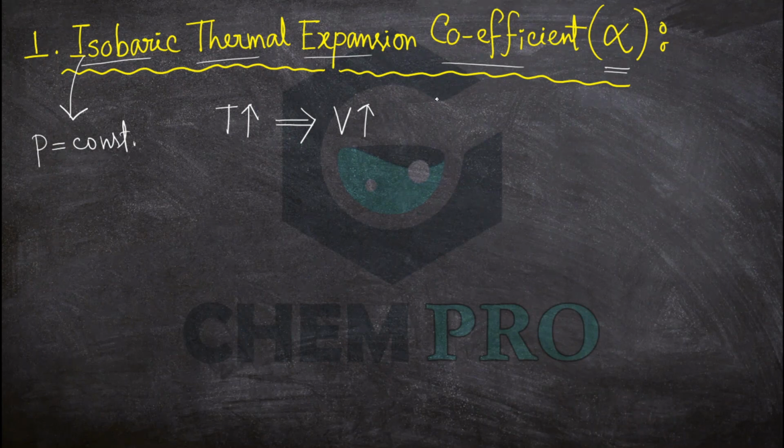So the coefficient del V by del T at constant P is positive here.